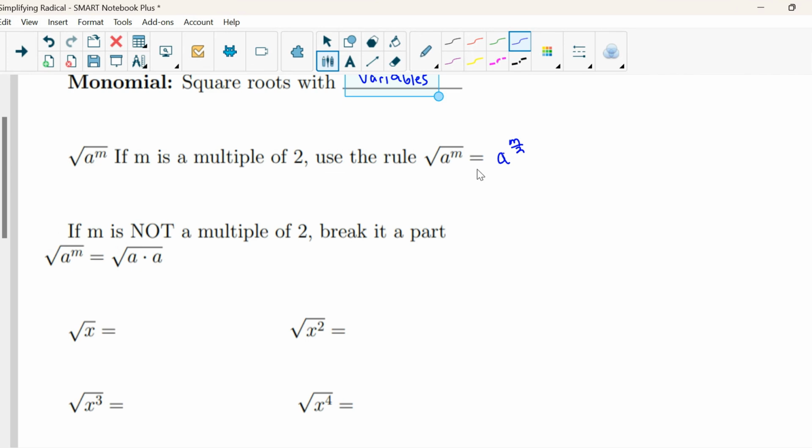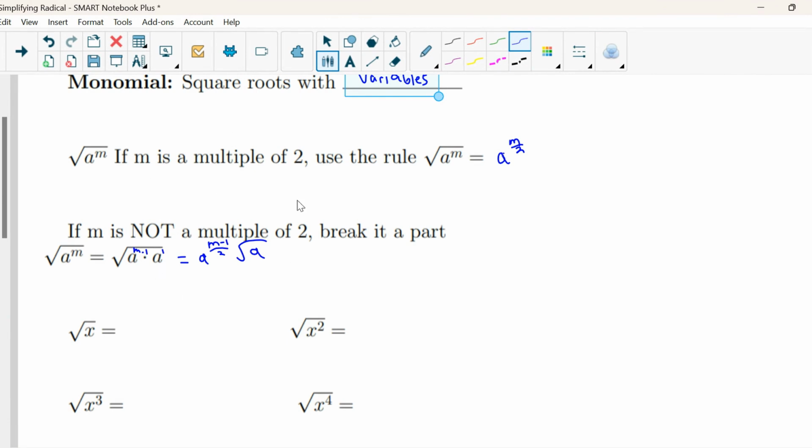So the square root of a to the m equals a to the m minus 1 times a to the first power, which in total would equal a to the m minus 1 divided by 2 power, times the square root of a.